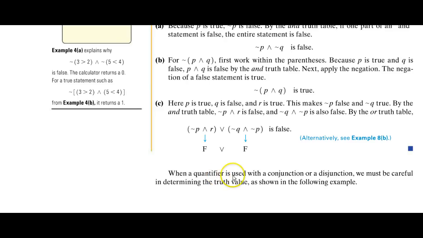When a quantifier is used with a conjunction or a disjunction, we must be careful in determining the truth value, as shown in the following example. Well, we did that by looking at the mathematics of it, found out if that statement was true or false, and then identified it as a true-false, and then applied it to our truth tables.